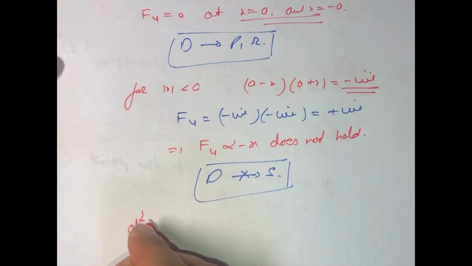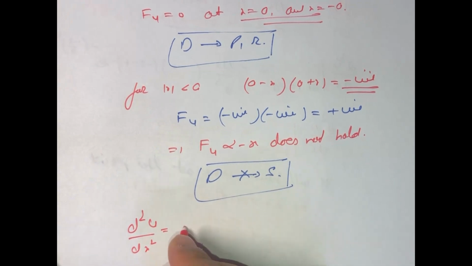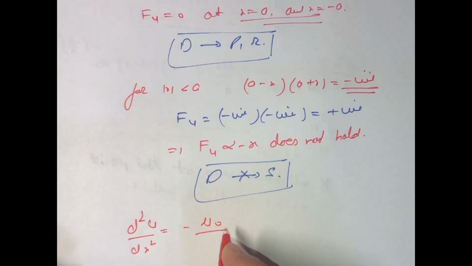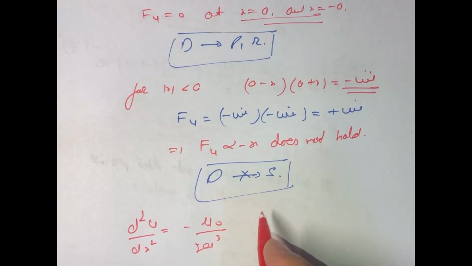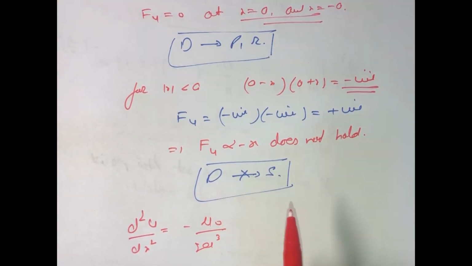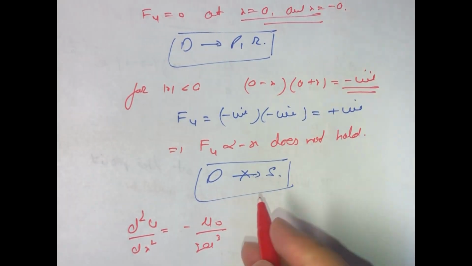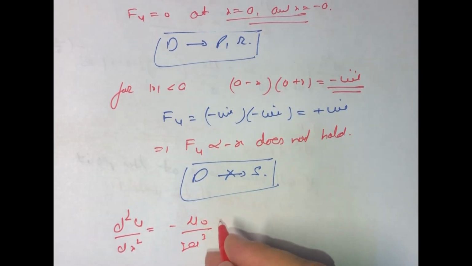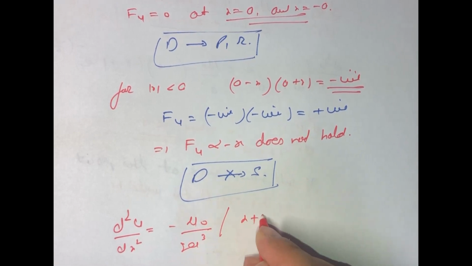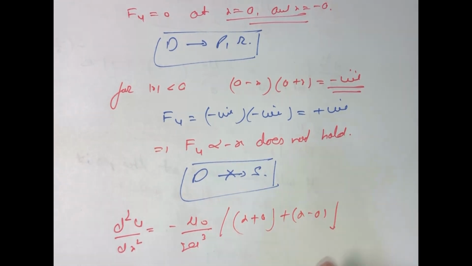So double derivative of energy with respect to x, we get this as minus u0 upon 2a cube, and we get x plus a plus x minus a.